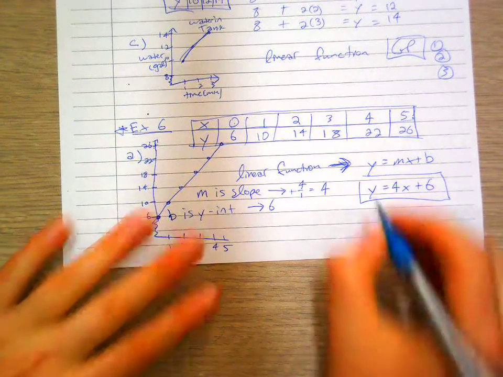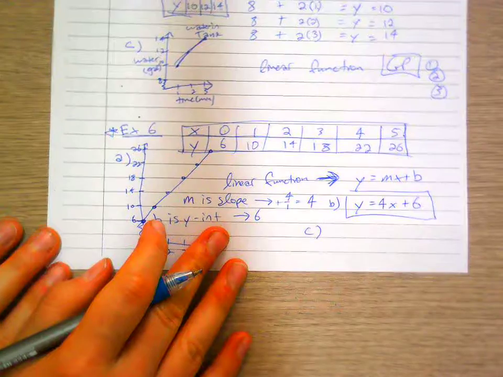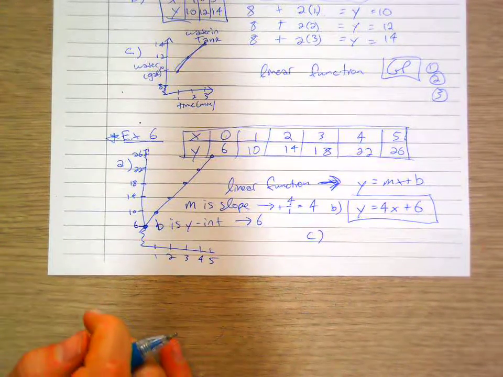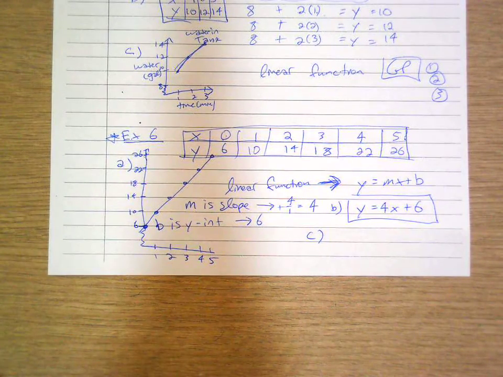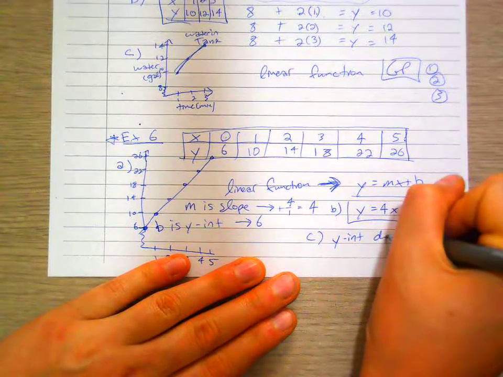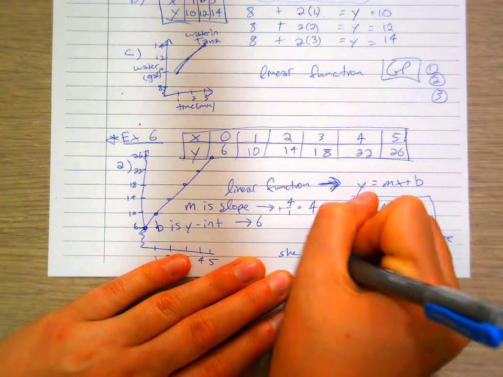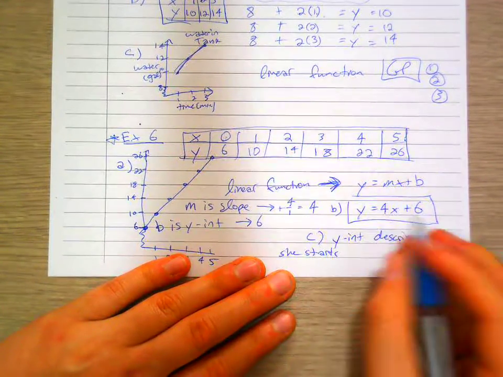That was B. C says, describe how the slope and the y-intercept are related to the function. The y-intercept b describes where she started, because that's where she was at 0.